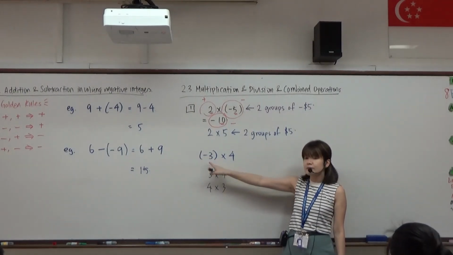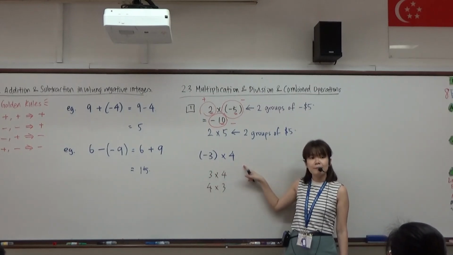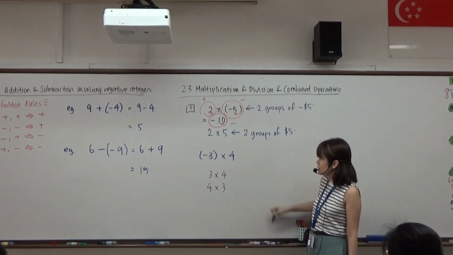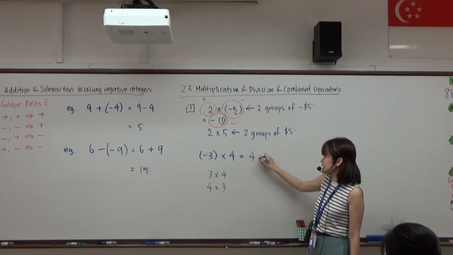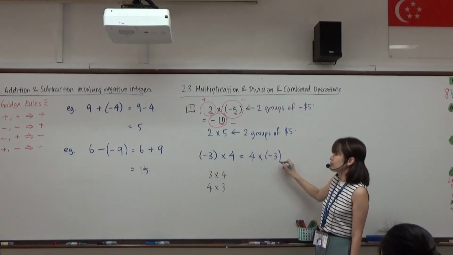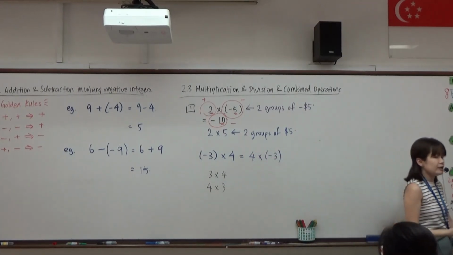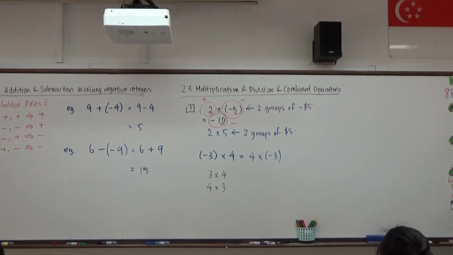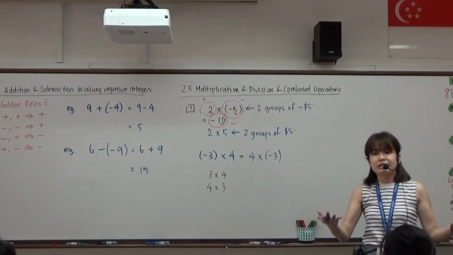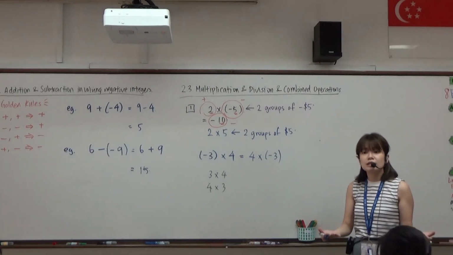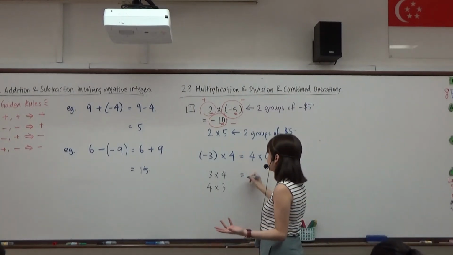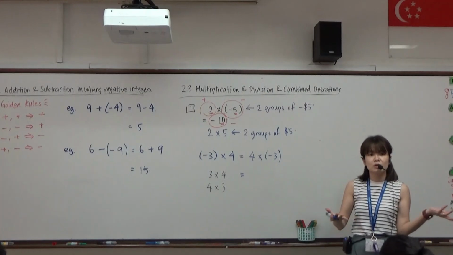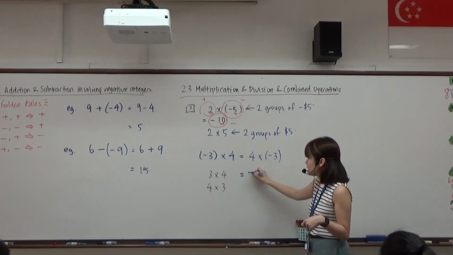So negative 3 times 4 means owing 4 different people $3. In total, how much do we owe? $12, so we write negative 12.